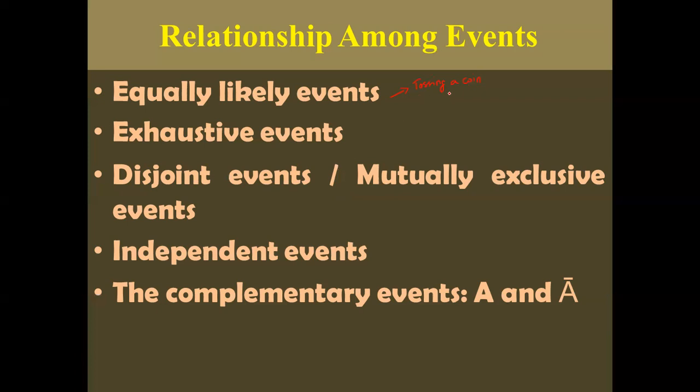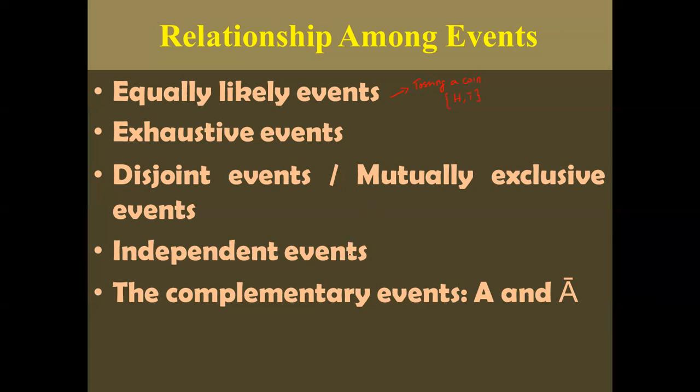In the same example of tossing a coin, head and tail are mutually exclusive events. That is, if we toss a coin, if head occurs, tail will not occur. Suppose if tail occurs, head will not occur. So they are disjoint events. The happening of one event will prevent the happening of the other event. In such cases, they are called mutually exclusive.